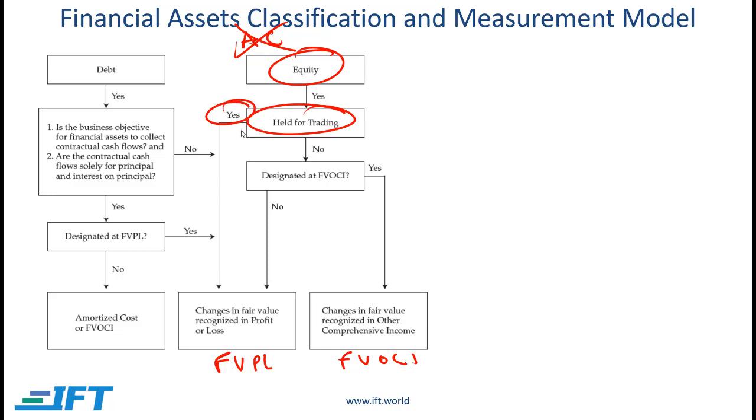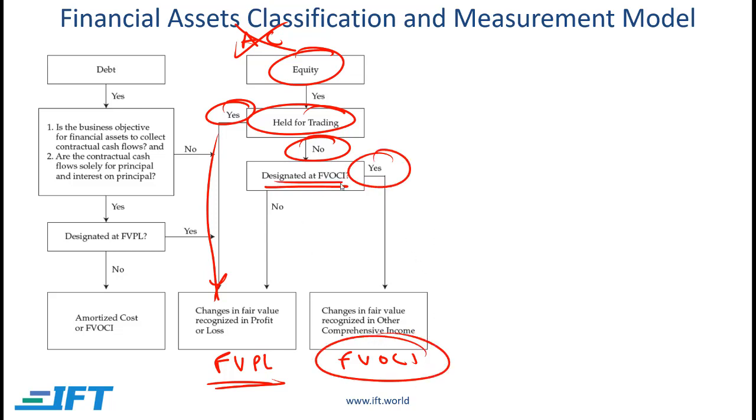If it is held for trading, then it needs to be categorized as fair value through profit and loss. If it is not held for trading, then we still have an option. We can still decide whether or not we want to designate at fair value through OCI. If the answer is yes, then that's how it is categorized. If the answer is no, then it is categorized as FVPL.